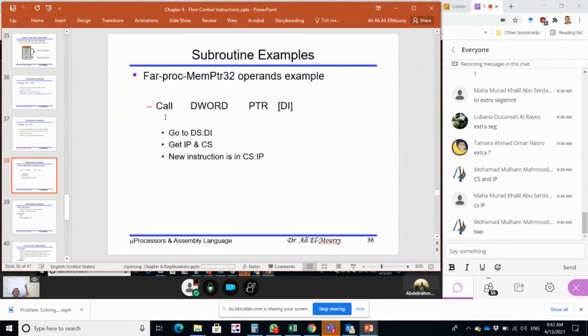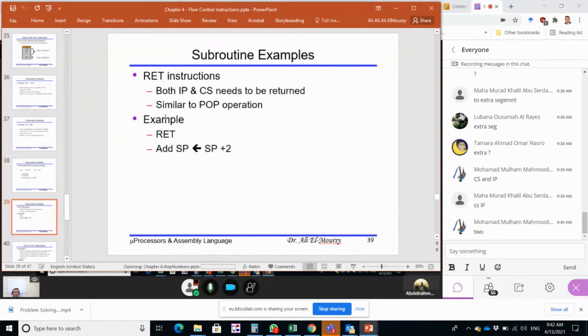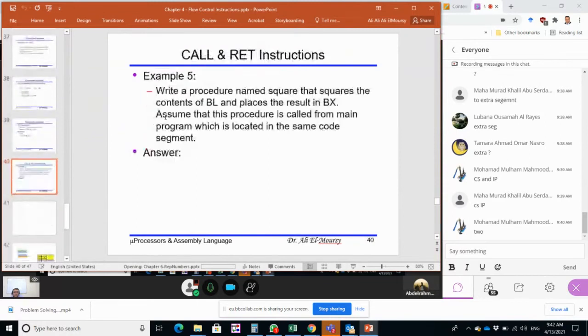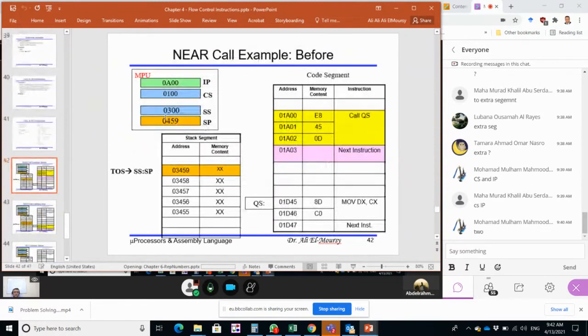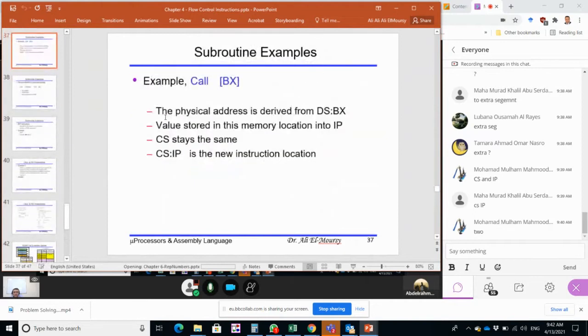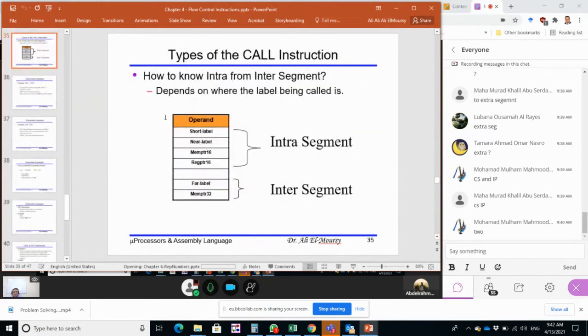Since I'm storing into the stack now, for the far jump, I'm storing 4 bytes into the stack. I'm doing 2 pushes, right? In which order will the data, the IP and the CS, be pushed into the stack?